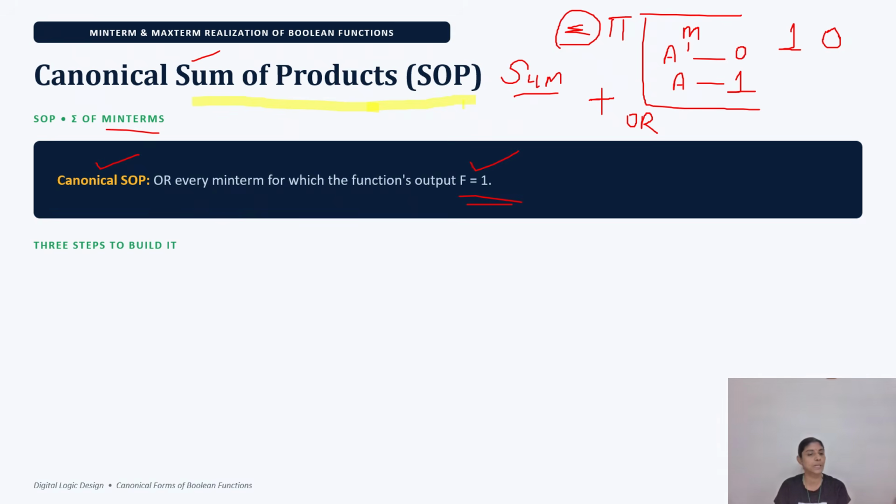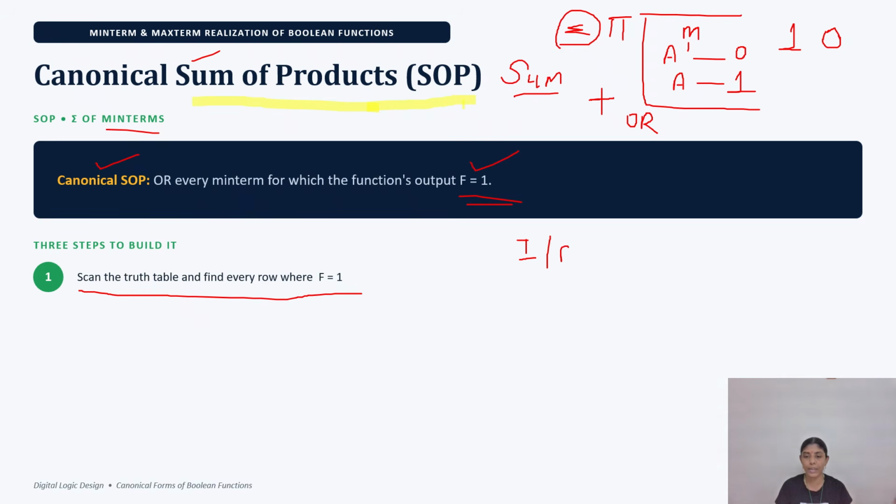Okay, so there are 3 steps to build that canonical SOP form, right? Step number 1: scan the truth table and find every row where f is equal to 1. So what is your first step? You have to check your truth table. Remember the truth table? The truth table has inputs as well as the output.